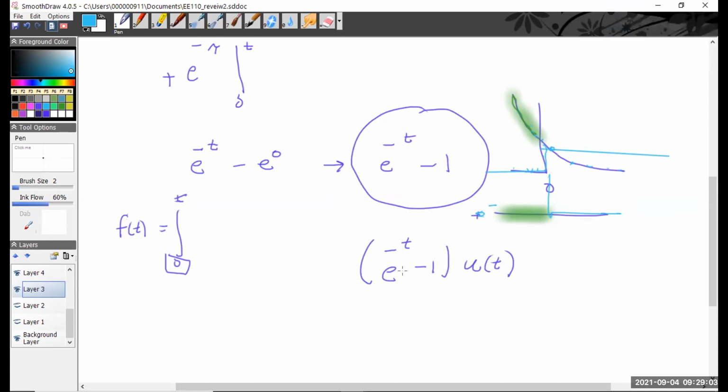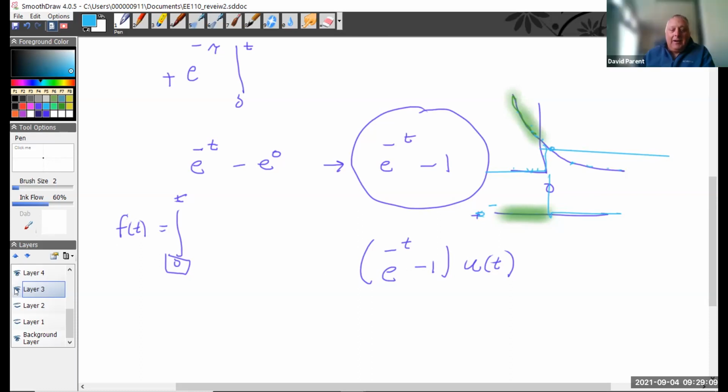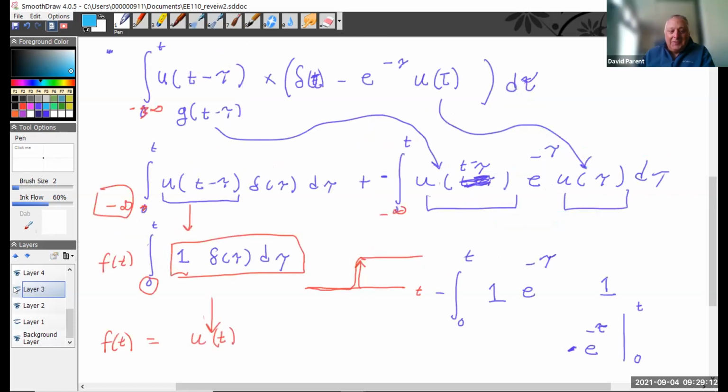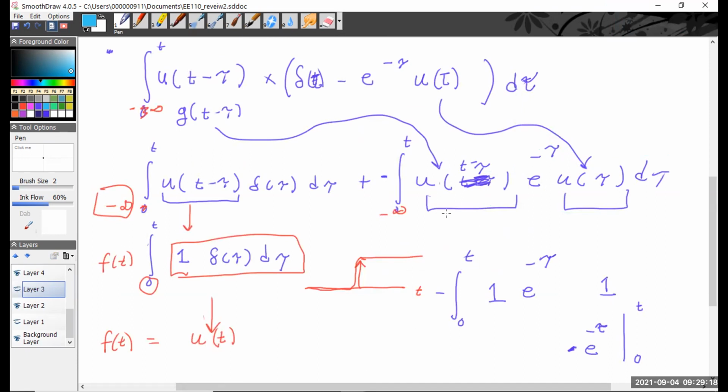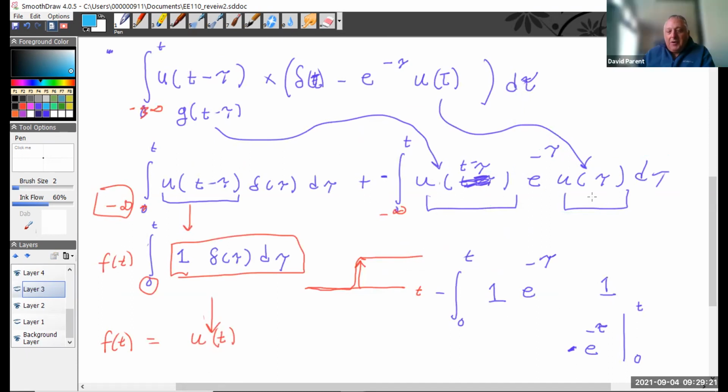In the previous layer, you had g of x equals something, or g of t equals something. Oh, I've got to go back and get the original part. The first part was u(t), so I was just working on this last part.